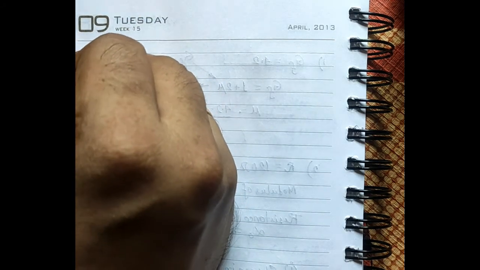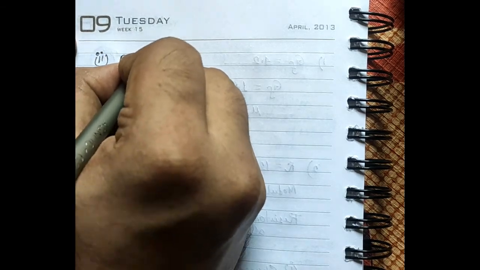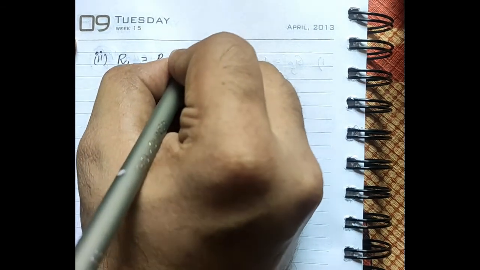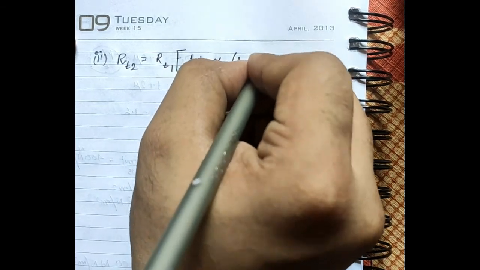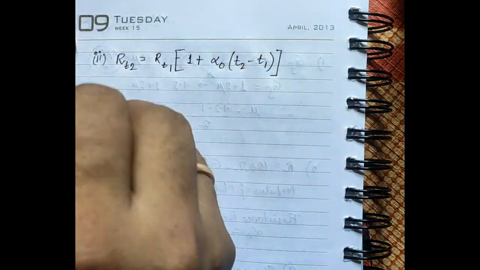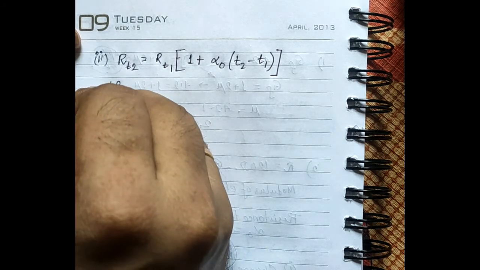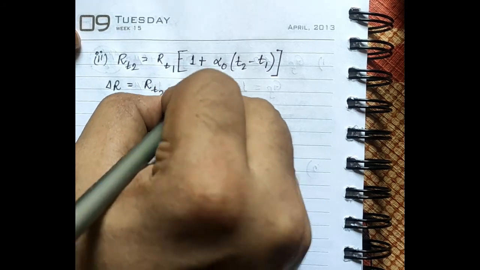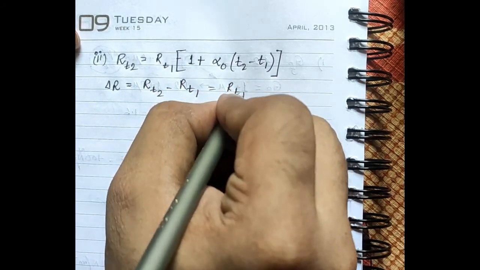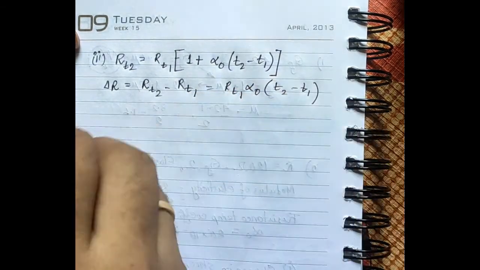So the formula for this is R_T2 equal to R_T1 bracket 1 plus alpha 0 into T2 minus T1. Then the change in resistance, del R, will be R_T2 minus R_T1, which is equal to R_T1 alpha 0 into T2 minus T1.